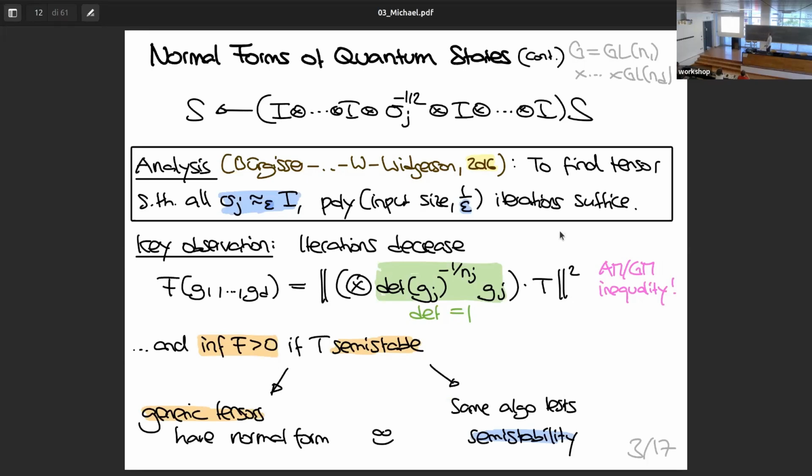So what do we learn from this? And why did I tell you about this perspective on this algorithm? Well, for one, we know that if the format is nice, and we had this discussion yesterday, for example if all the dimensions are the same, the generic tensors are semi-stable, so generic tensors have such a Frank et al. normal form. Also, it turns out that the same algorithm can, thinking about it the other way around, also be used to test semi-stability.